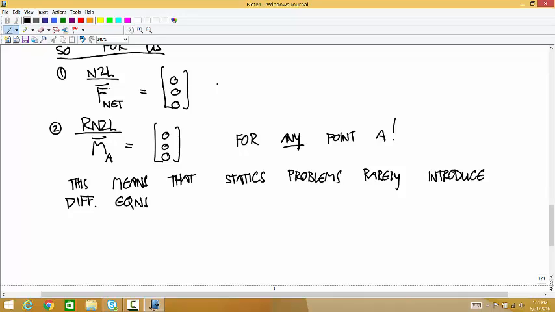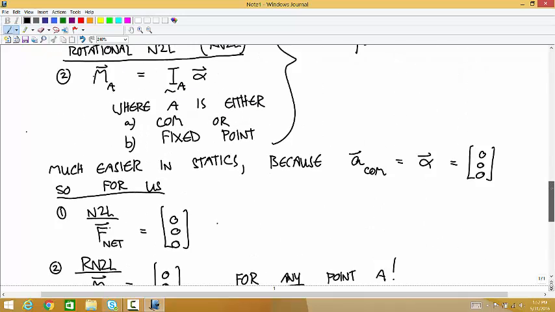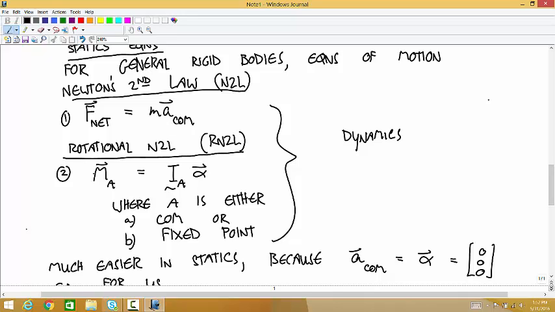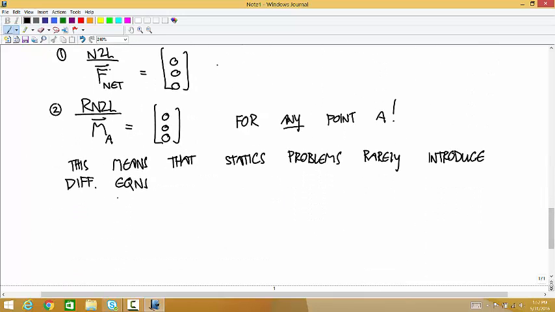And the reason that you don't get differential equations because of these zeros on the right-hand side is that the way differential equations come up in dynamics usually is that the acceleration of the center of mass is the second time derivative of the position of the center of mass, and the angular acceleration of the body is the second time derivative of the angular position of the body, and so it naturally leads to differential equations. Here, that stuff's all gone away, and so we're not going to have to deal with that. And that's the biggest reason why dynamics is very calc-heavy and statics is not.